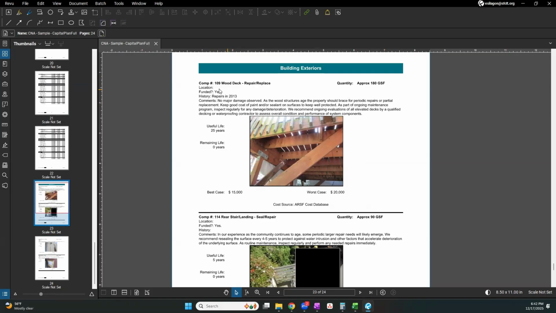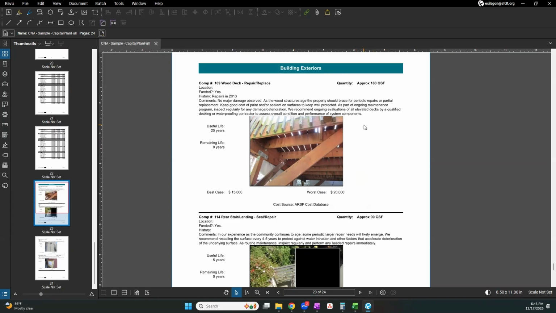They'll have notes if there are any repairs that they're aware of, and then some comments about how you might maintain that over time, or what you might need to keep in mind, like, for the deck, you might need to consider having a qualified contractor do an assessment every couple years.